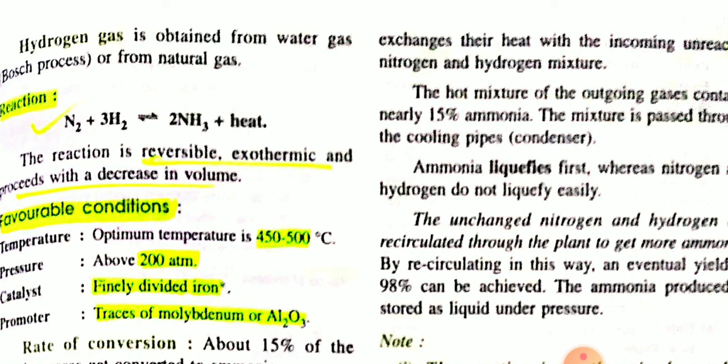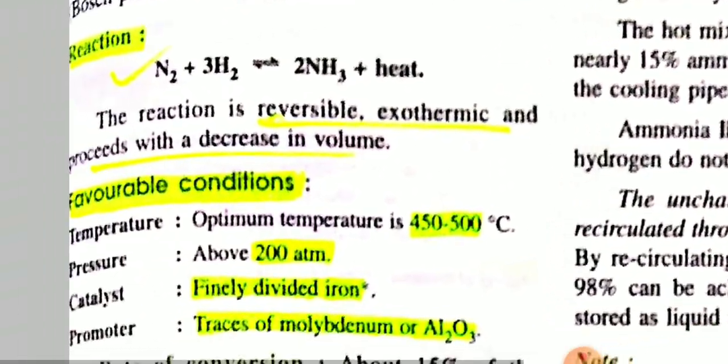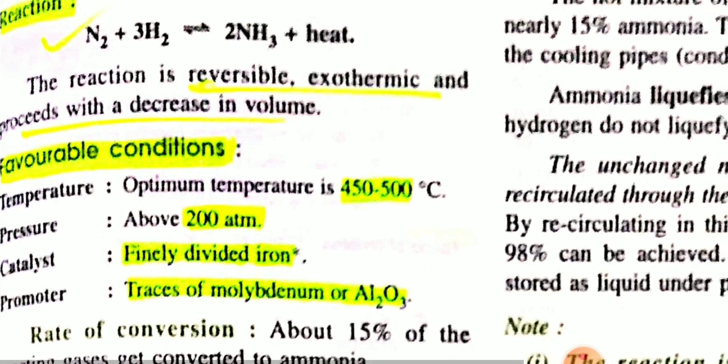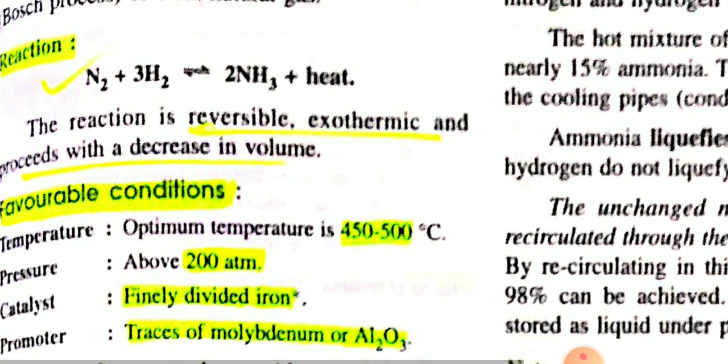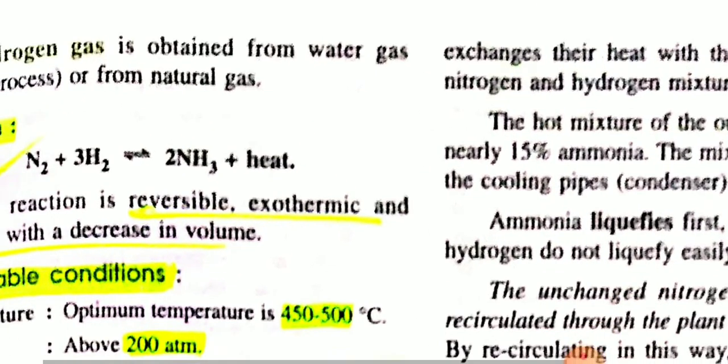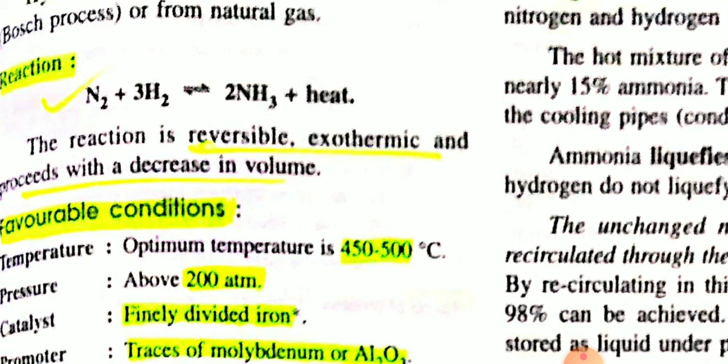This reaction, N2 plus 3H2 reversible arrow 2NH3 plus heat, is a reversible exothermic process with a decrease in volume, because you have to take 1 volume nitrogen and 3 volume hydrogen, in 1:3 ratio.